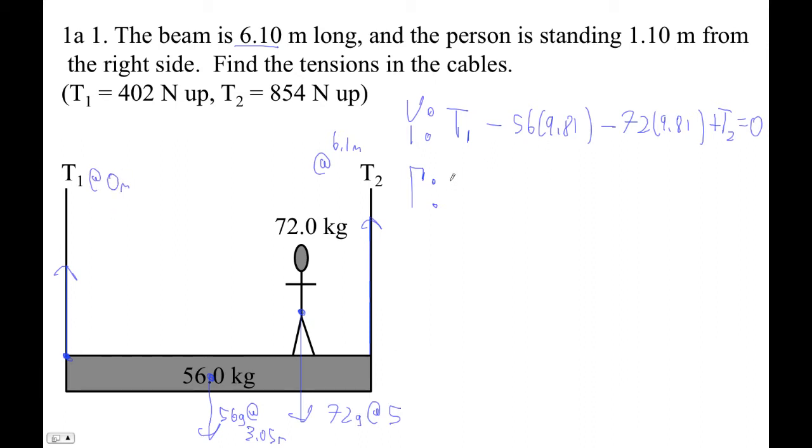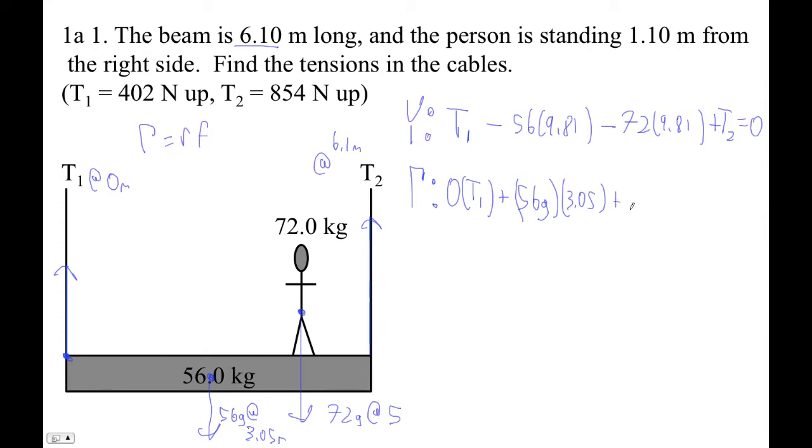So our equation looks like this: 0 times T1, so it drops out of the equation, plus 56g times 3.05. The formula for torque is, of course, r times F. Here I did F times r, but that's okay.